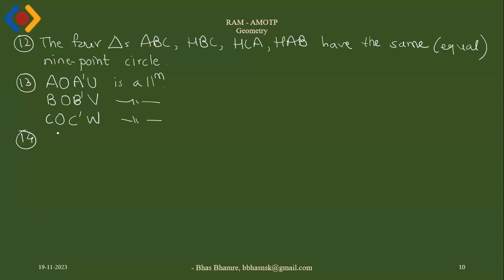Then further we have OG is to GN as OH is to HN. That is very important. Actually, here is H, here is G, here is O, and here is N. So OG is to GN as OH is to HN.